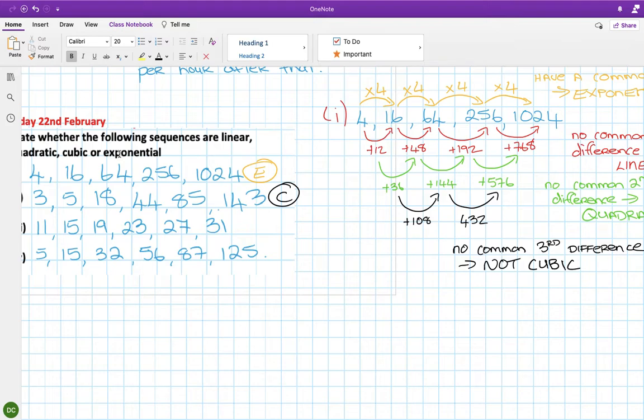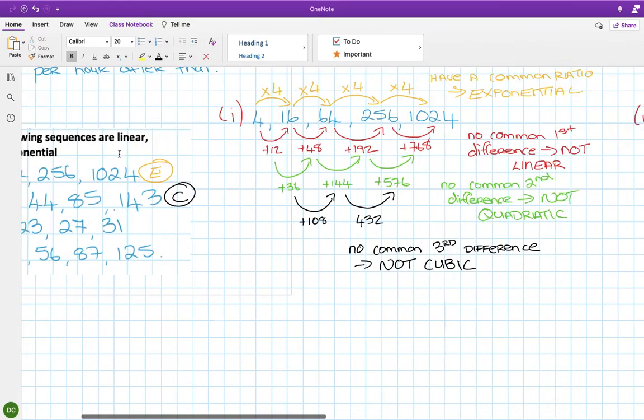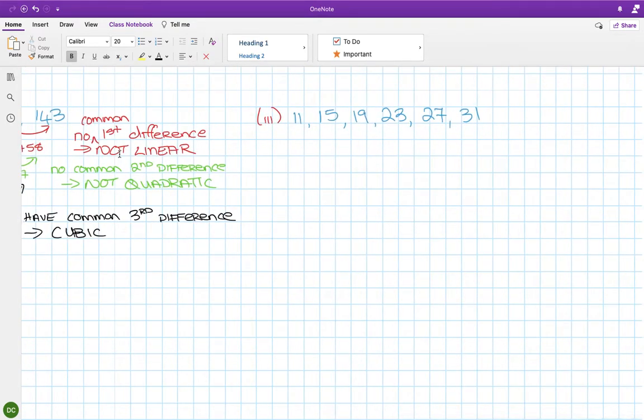All right, so the third one. 11, 15, 19, excuse me, 23, 27, 31. Okay, here we are. Let's look at the first difference. So 11 to 15 is plus 4. 15 to 19 is plus 4. 19 to 23, yay, plus 4, plus 4.